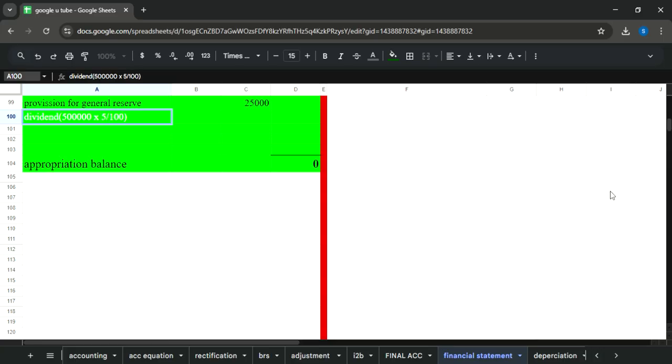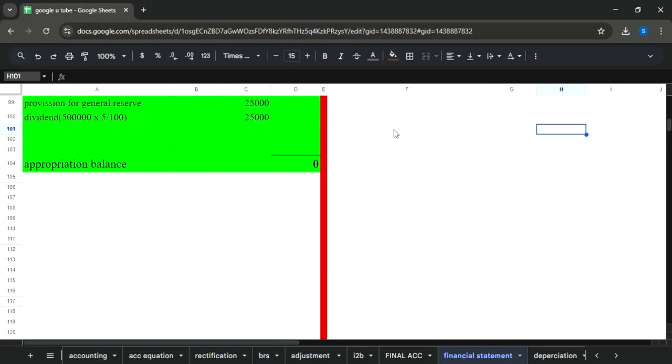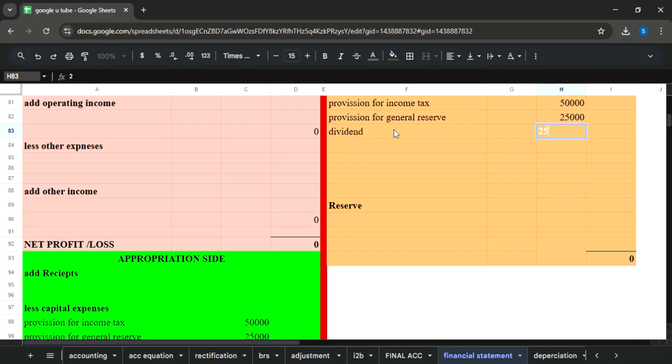Once again, what was 5 lakh? It was the amount of capital, and we were asked to take 5% for dividend. It is calculated. Let's go to the current liability side, and here you will mention this dividend amount, which is 25,000. Alright guys, so dividend is also completed.